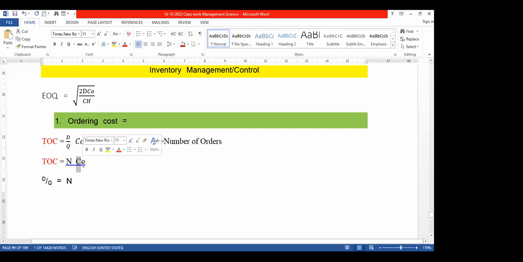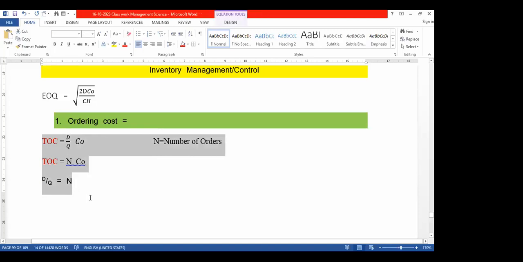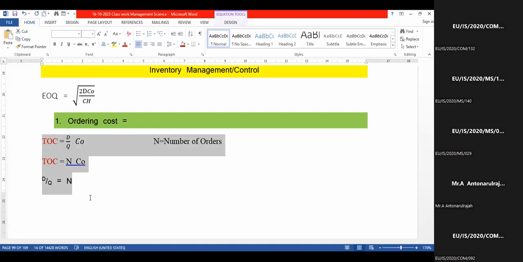For one order, what is the cost per order? That way also we can calculate total ordering cost. Sometimes if N, the number of orders, is given, and cost per order is there, then you can calculate the total ordering cost. So D over Q is equal to N. That is obvious from this. This is a full set of information about ordering cost, right?